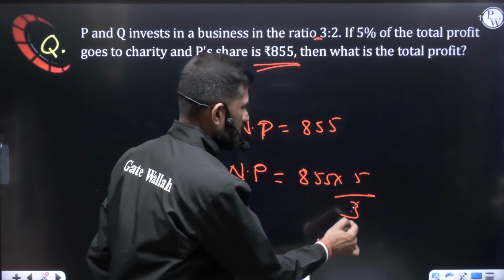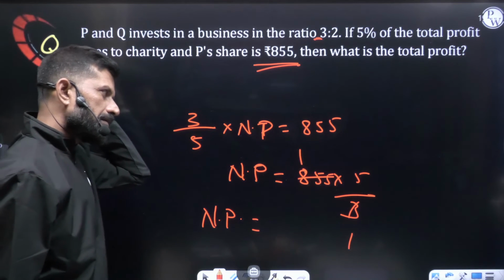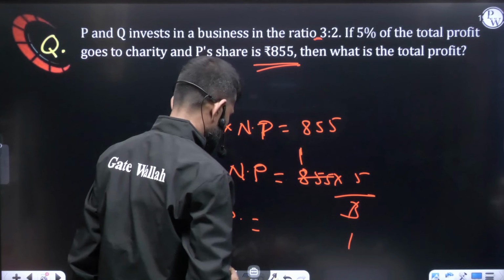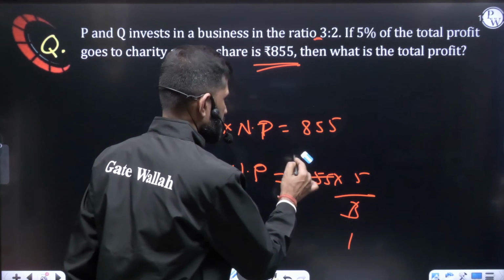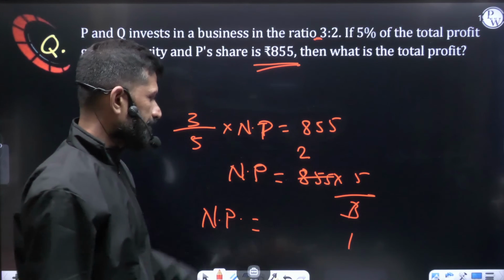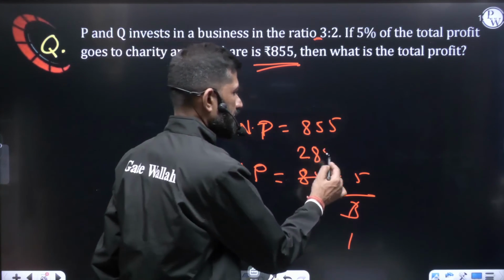You can cancel this with the 3 table: 3 twos are 6, 3 eights are 24, 3 fives are 15.